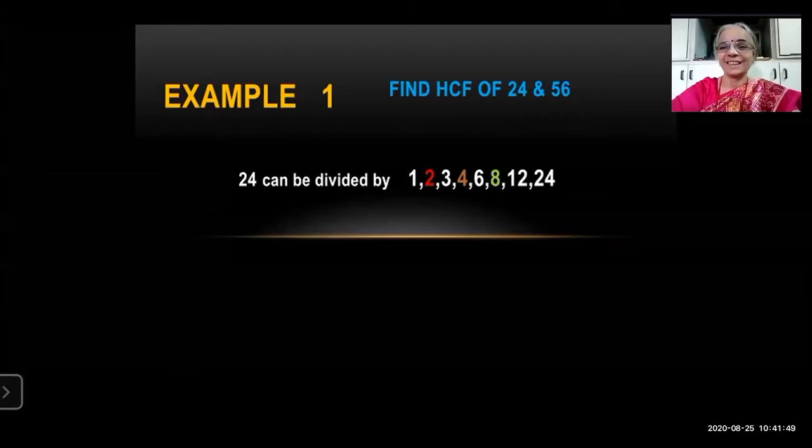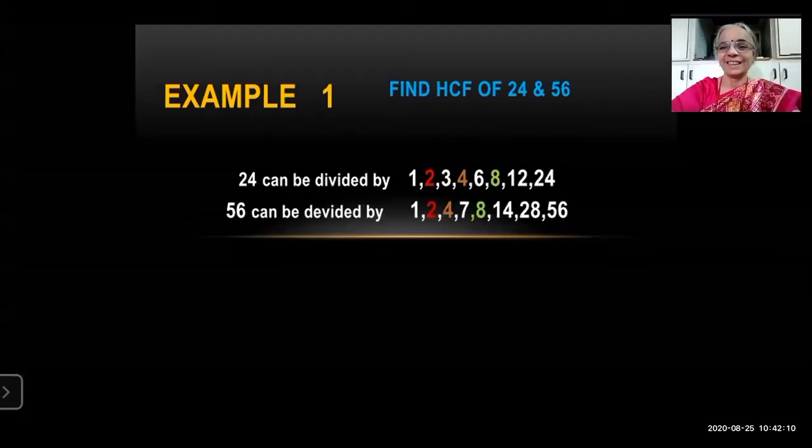So, in these tables, 24 comes. It means this number divides 24 without remainder. Remainder would be 0. Similarly, we will think about the number 56.